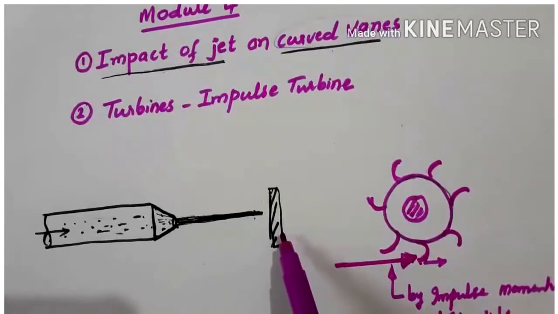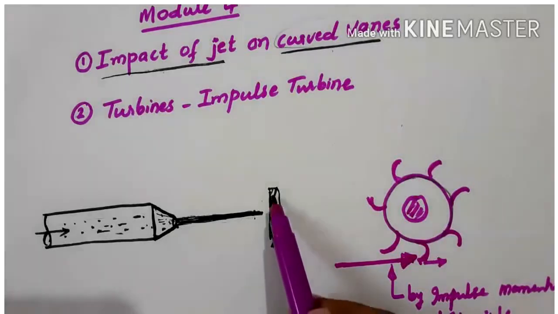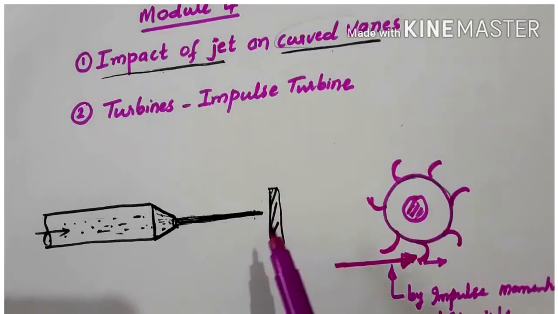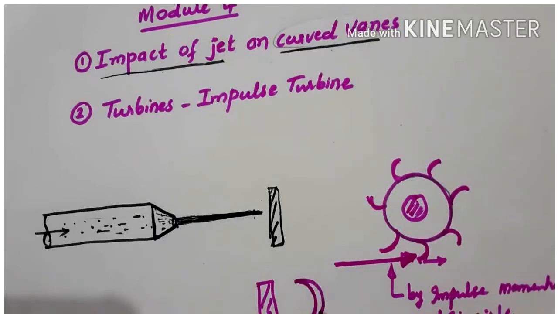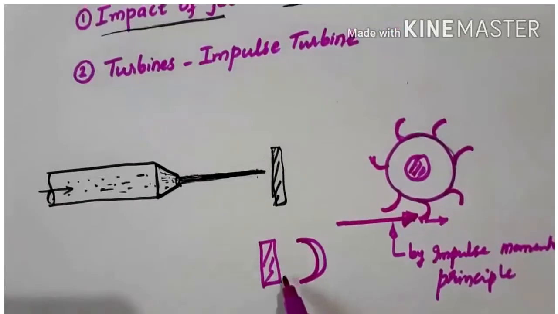It can be determined depending upon whether the plate is flat or curved. This plate could be flat like this, or it could be curved like this. Sometimes this flat plate could be stationary or moving.